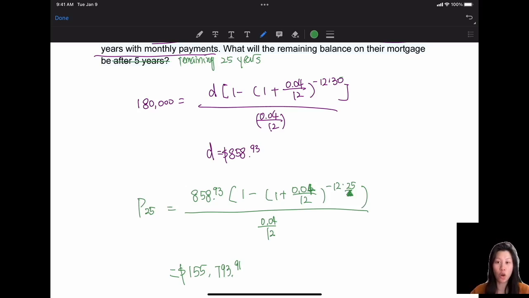So let me ask another question. Over the past 5 years, how much have you been paying towards the loan balance? Well, we know that the total loan is 118,000, right?